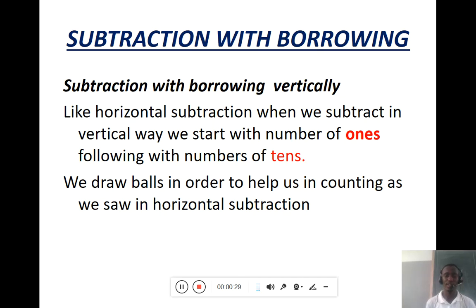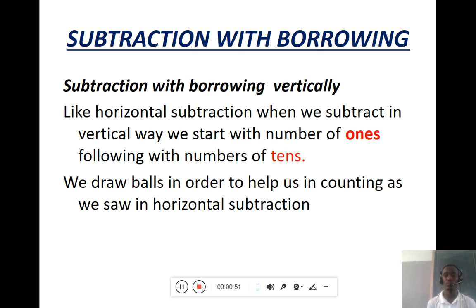But before starting our lesson, let us remind a few things about the previous lesson. In the previous lesson we discussed subtraction. We have already covered subtraction without borrowing, and last time we started subtraction with borrowing.